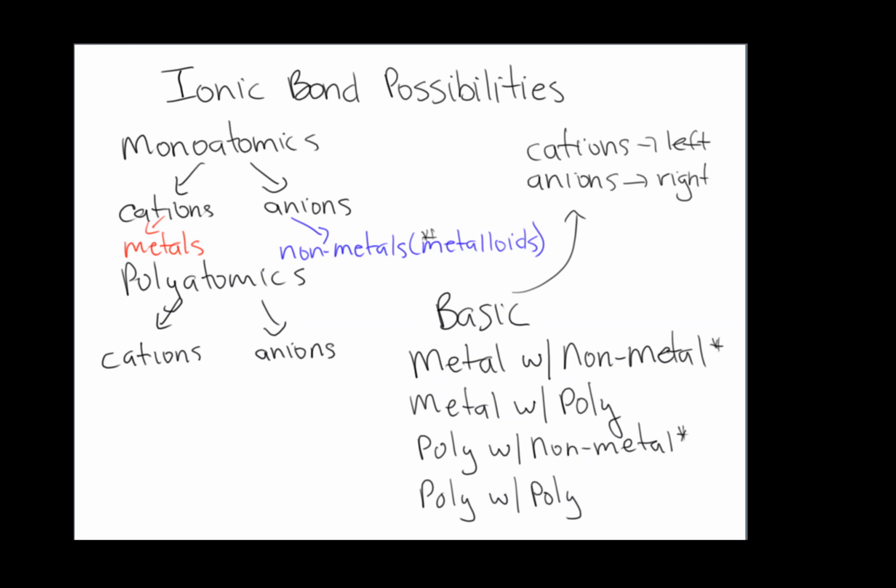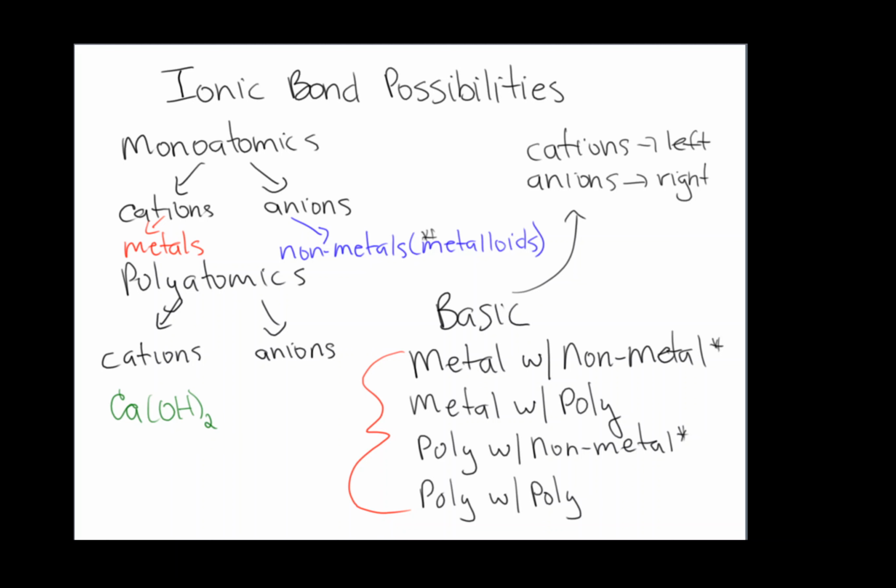And I highly suggest you go through some of those problems. And I know it seems silly, but can you tell me the combinations of are these a metal and a nonmetal? Is it metal with a poly? You need to be able to predict whether it's an ionic bond or whether it is a covalent bond. And since I have a little bit of space here, I'm going to do calcium hydroxide.